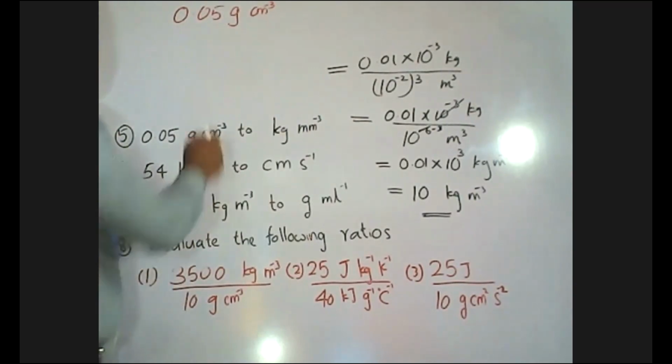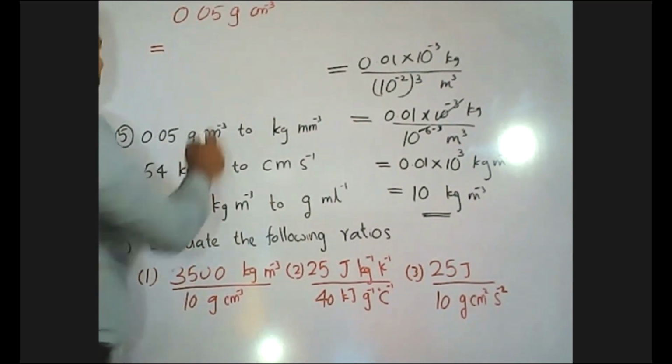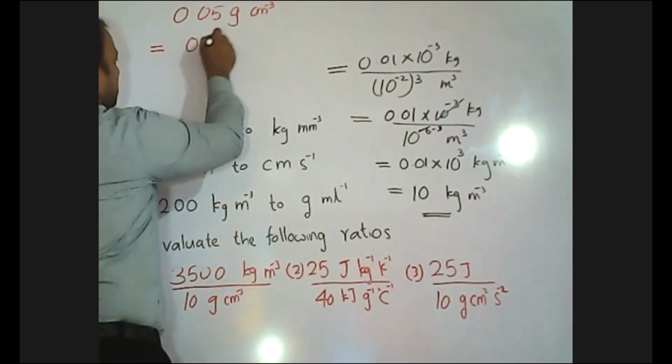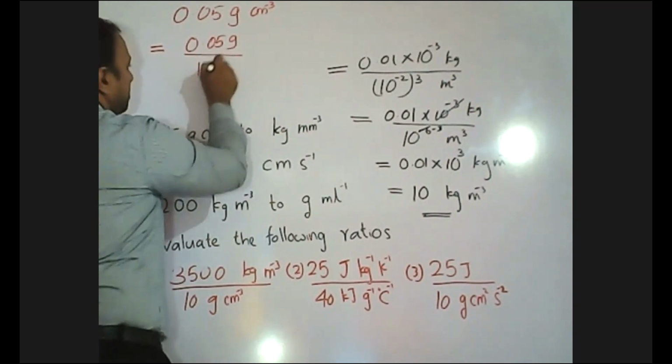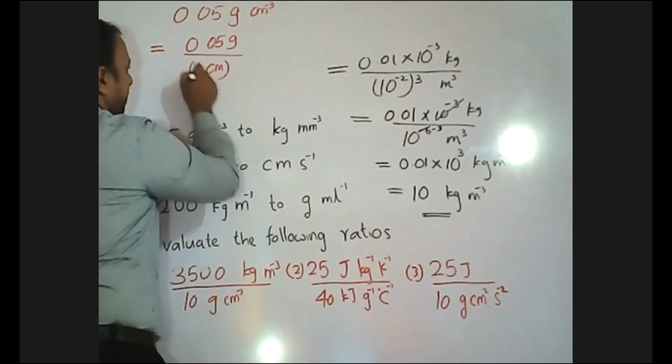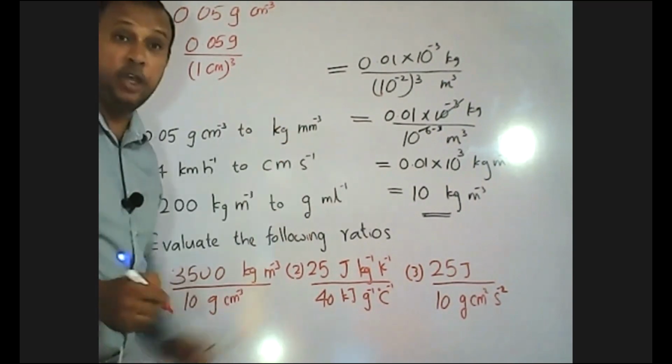Again, you have to convert this one: 0.05 gram over 1 centimeter cube into kilogram per millimeter cube.